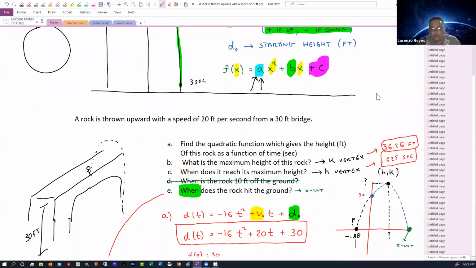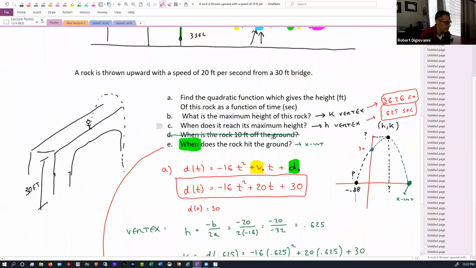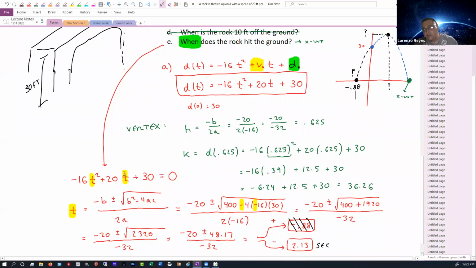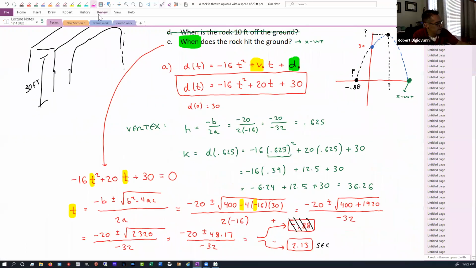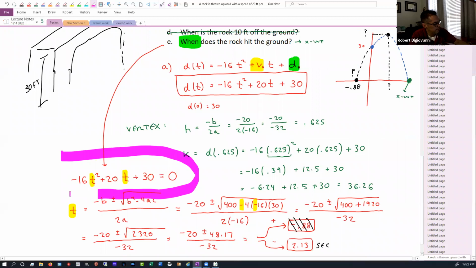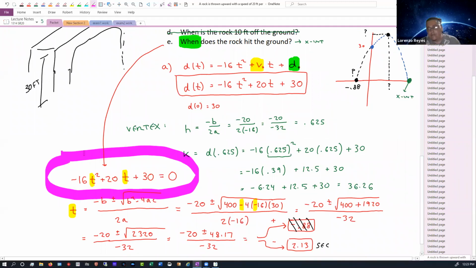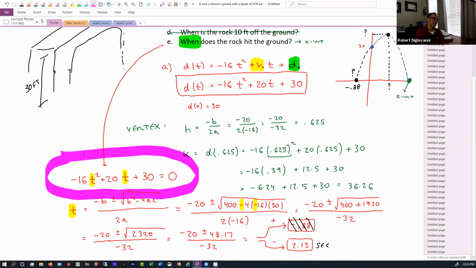So how do you know? Because you can either use this equation or you can use the factoring equation too, or no? For the part when we found the x-intercepts? Yeah. You could have tried to do the factoring. It's just the numbers are kind of big there.